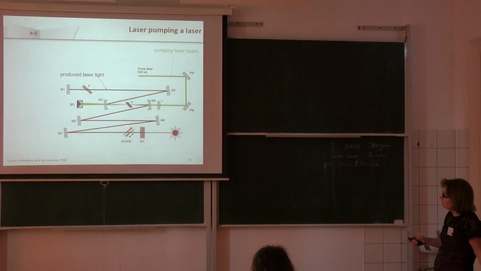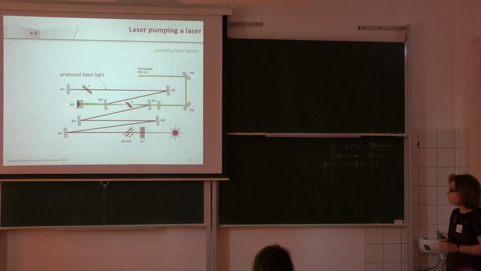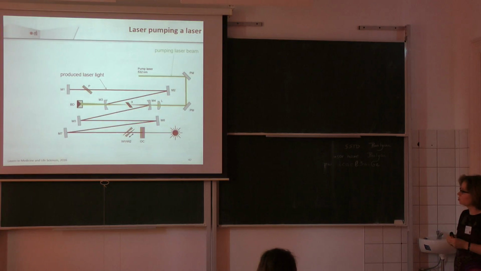And you also see here two wedges that are used to manipulate the light inside the cavity to make the light bursts as short as possible. So you use a laser that is producing long bursts of light.